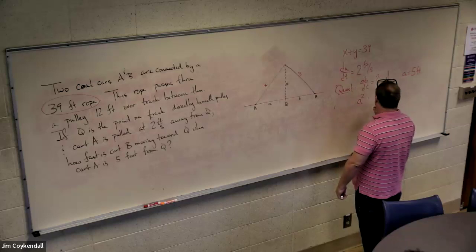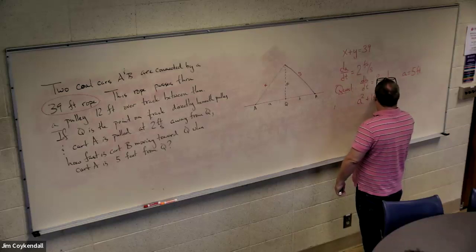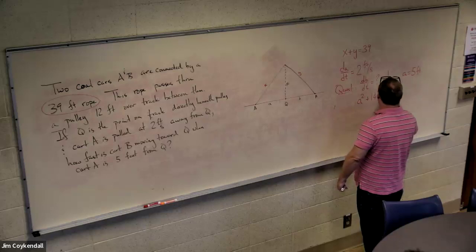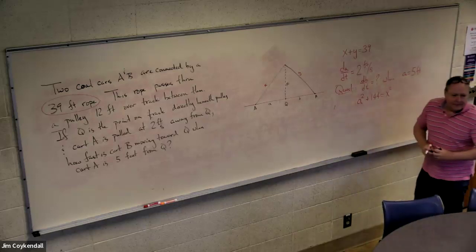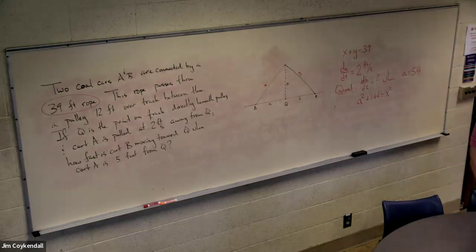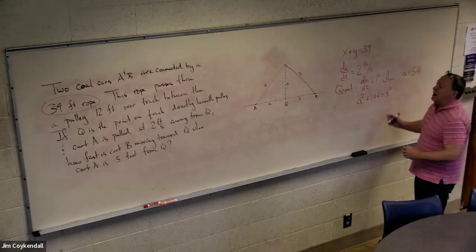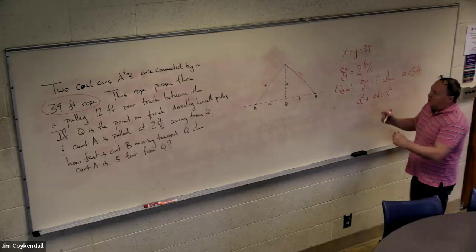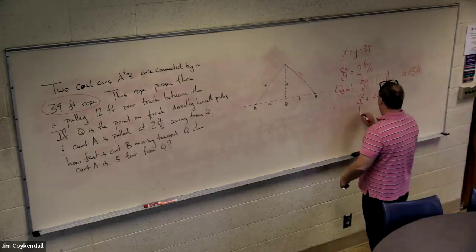A squared plus 144 is equal to x squared, right? Why did you pick that side instead of the other one? Okay, good. We've got the other side too, right?